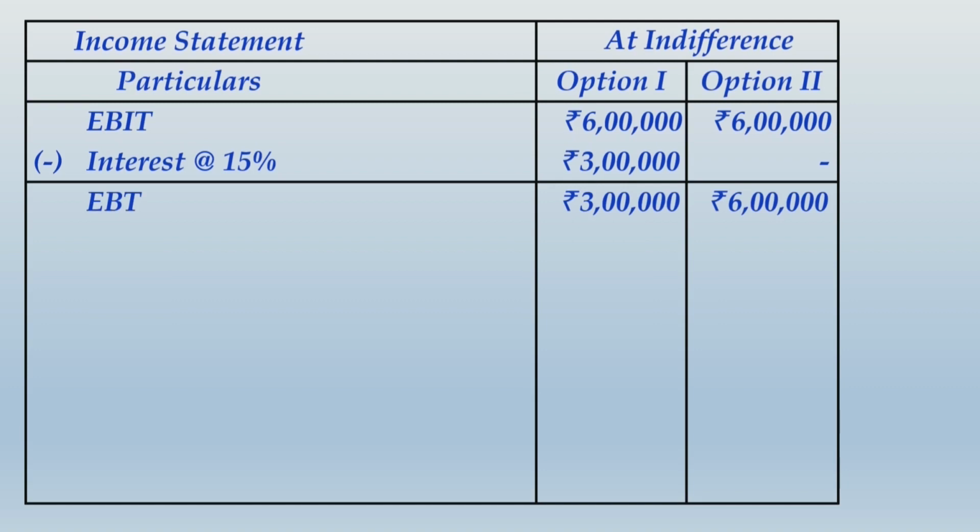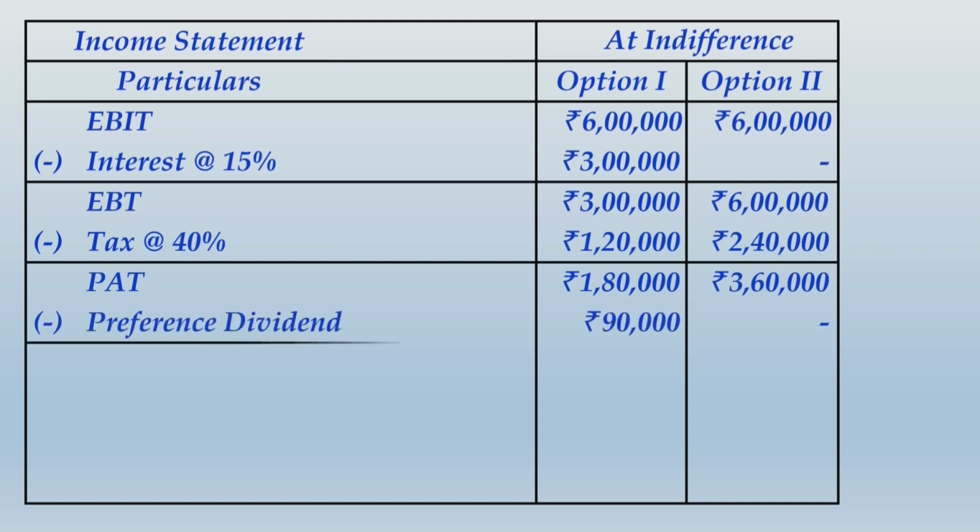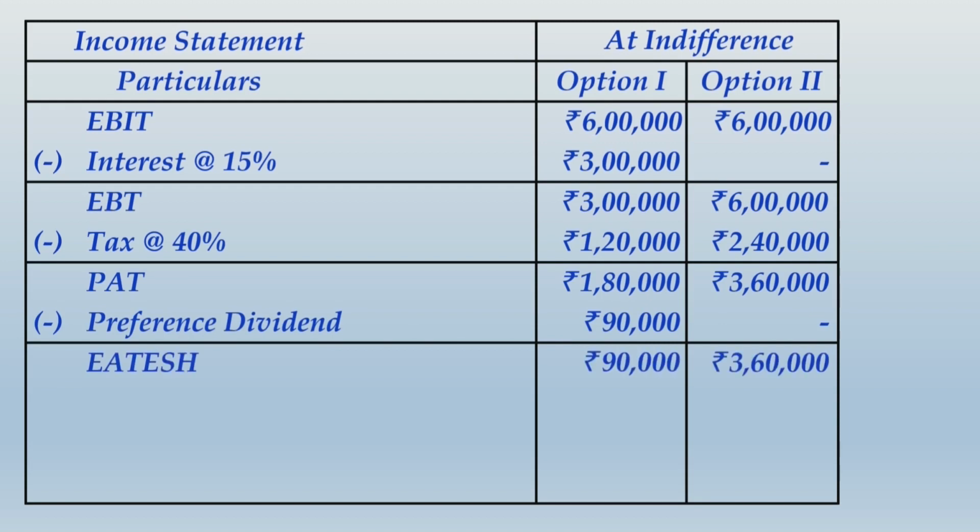From the EBT values, you are obviously going to subtract tax, after which you will be getting profit after tax. Again, there is presence of preference shares in option 1, so we will subtract preference dividend from option 1, and what will be obtained is earnings available to equity shareholders, which is 90,000 and 3,60,000.